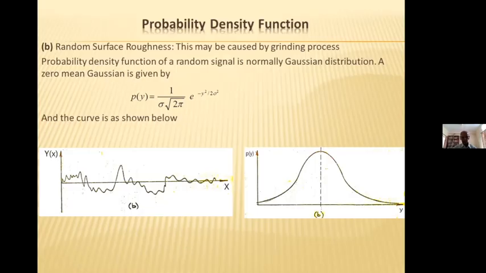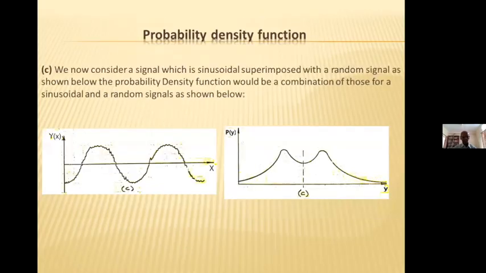Now we take a surface which is a periodic function but a random distribution is superimposed on the periodic function. Look at this surface. It is a periodic function, but a random signal is superimposed on this. So this will obviously be a combination of the other two distributions that we have got.